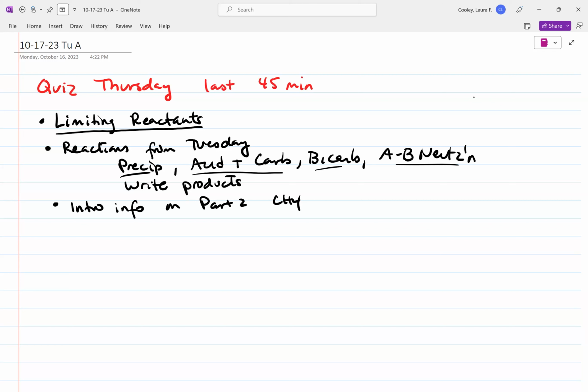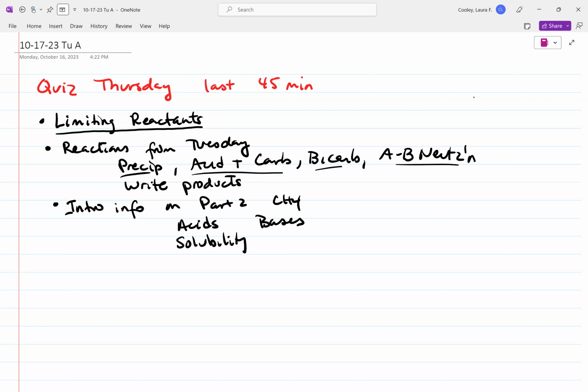So that stuff you might see on the quiz as well. That intro information on part 2 covered acids, what are bases, solubility, how to use the solubility chart.